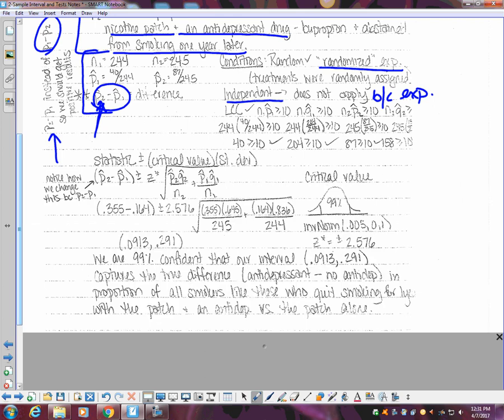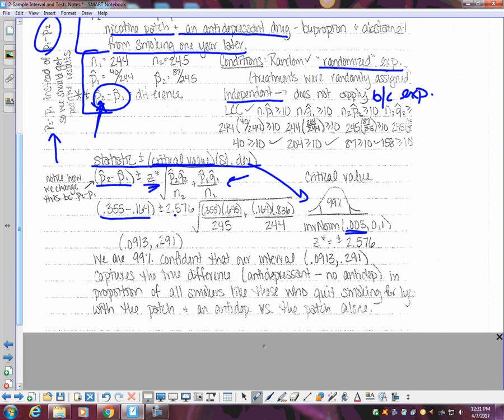Okay, this is an interval, so I get my interval formula off my formula sheet. This is P2 minus P1 because that's what I chose. Z star because it's a critical value. Nothing's pooled, none of that. Those two numbers, I have to go find my Z. 99%, be careful with your zeros there.